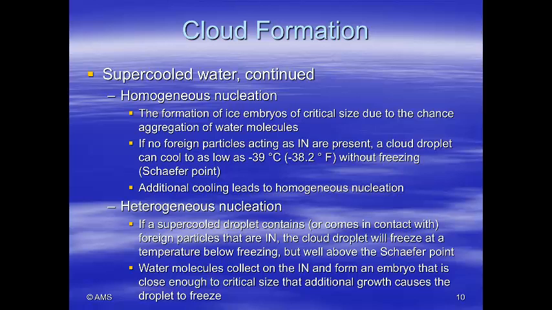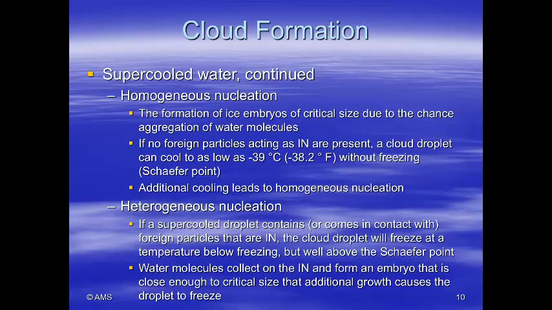We have homogeneous nucleation, and this is the formation of ice embryos of critical size due to the chance aggregation of water molecules. And if there's no foreign particles acting as ice nuclei, then cloud droplets can cool below -39 degrees C without freezing. The -39 degrees C is known as the Schaefer point. Additional cooling leads to homogeneous nucleation.